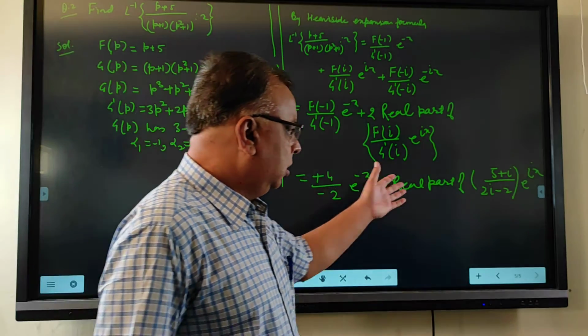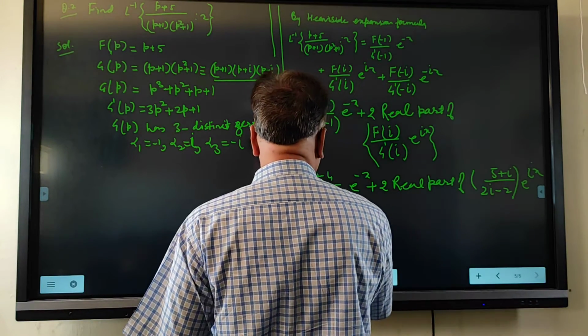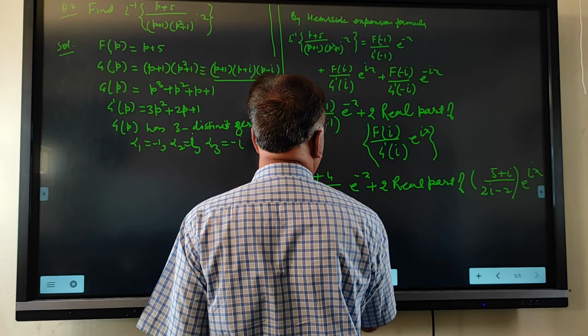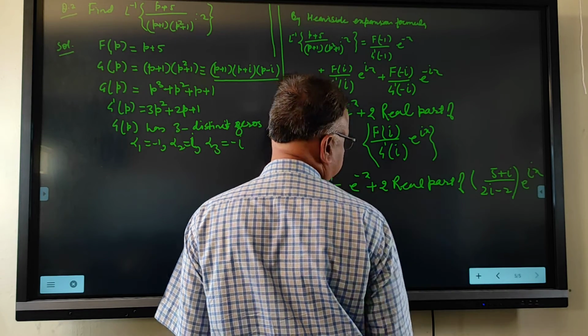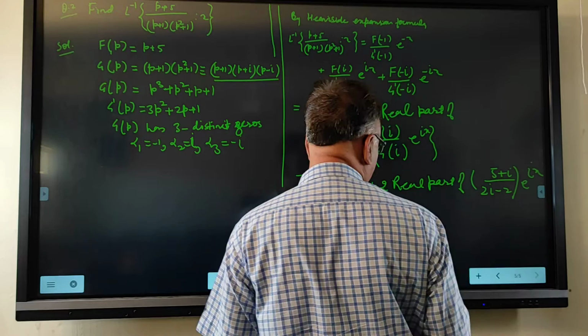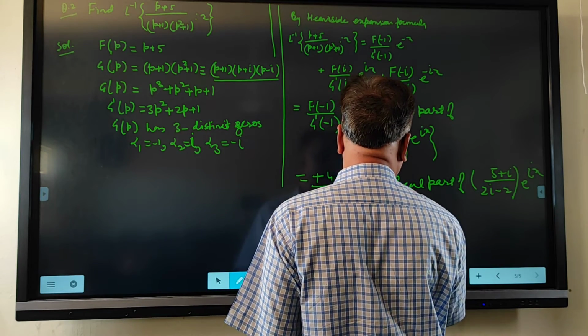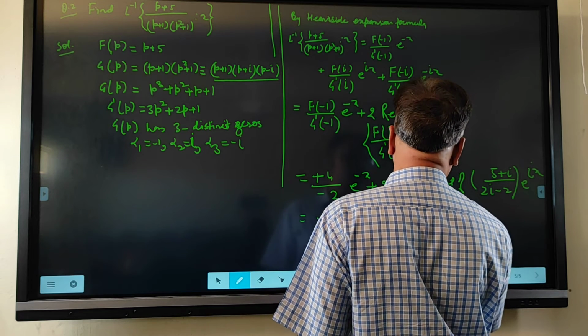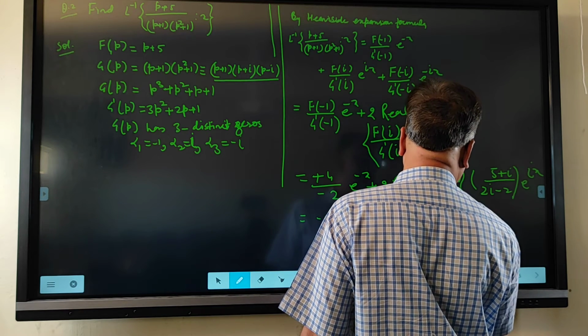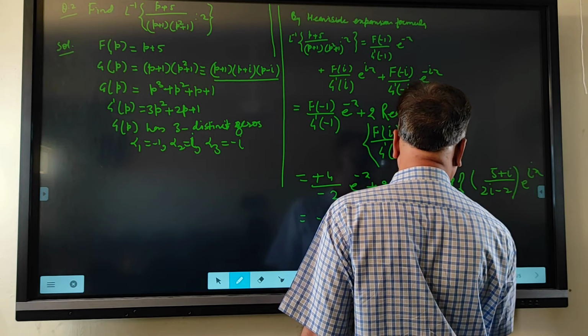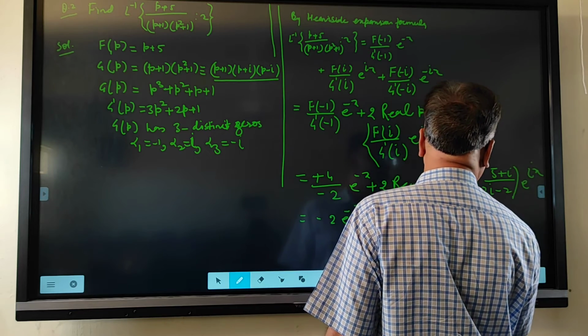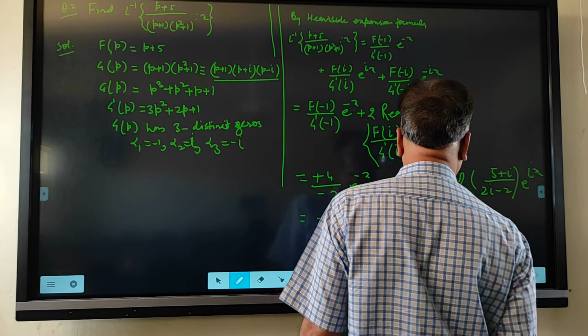So this is equal to 2e^(−x). Here, by taking 2 common, this is plus the real part of (5 + i) upon (i − 1) into e^(ix).